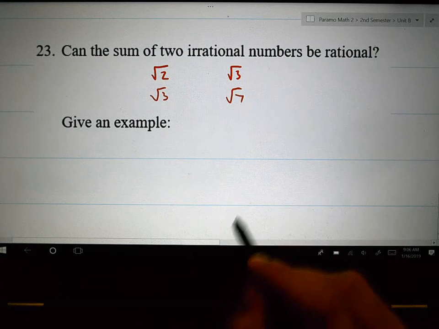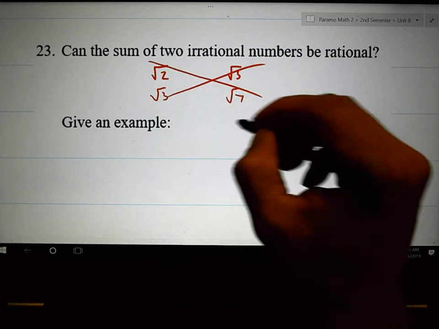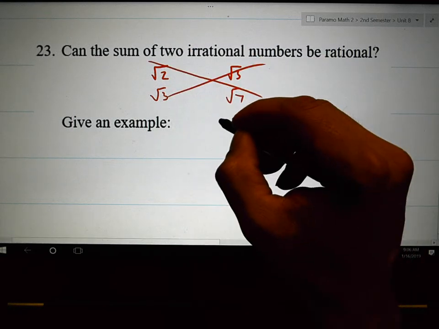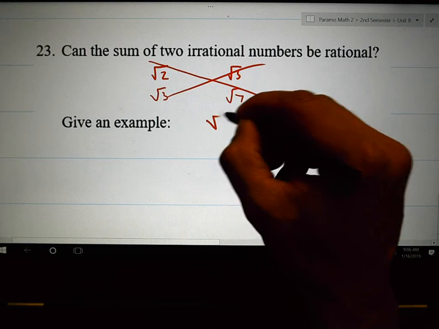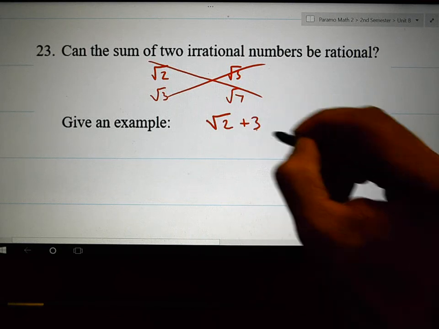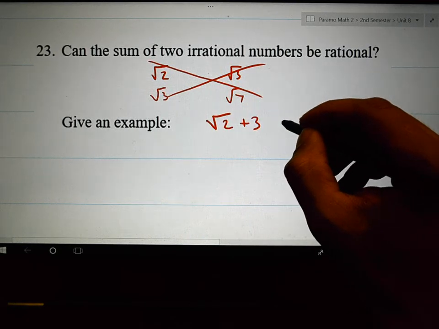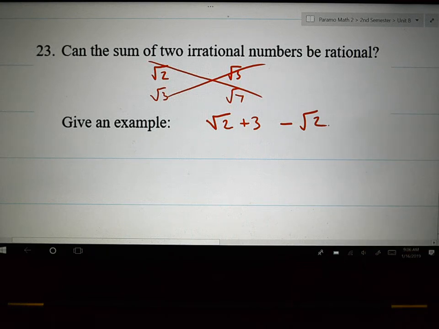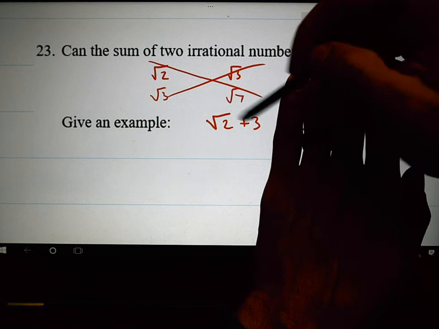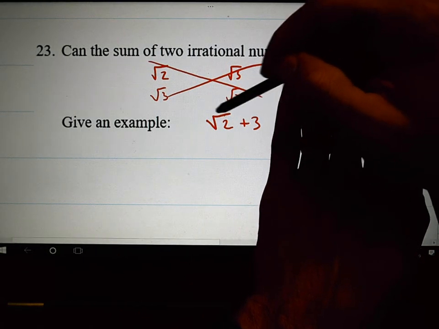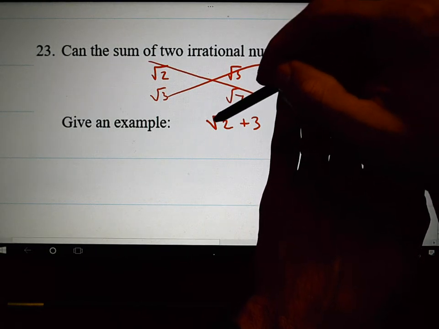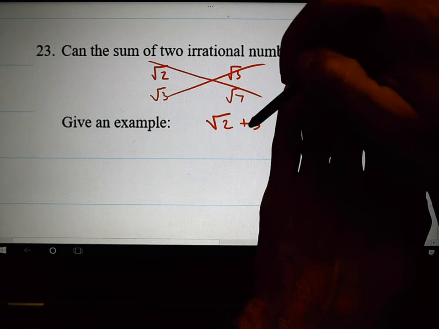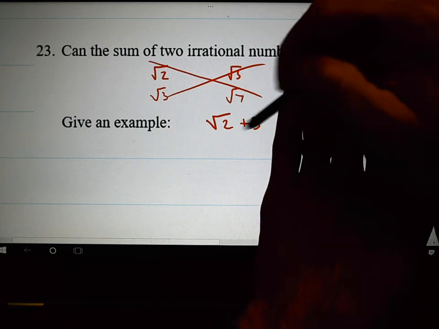These don't work. But what if we had something like 2 square root of 2 plus 3, and we were to subtract the square root of 2? Let's just do something really simple like that. Okay, first and foremost, irrational, because the square root of 2 doesn't simplify. Whole number. Together, they're irrational.